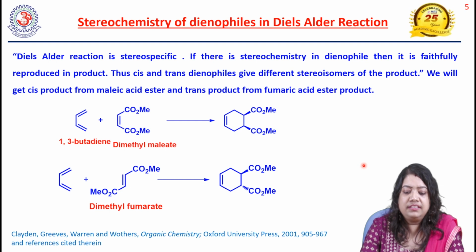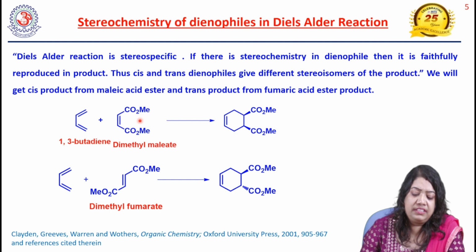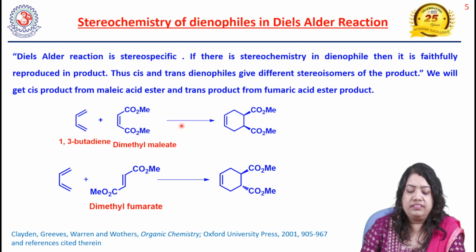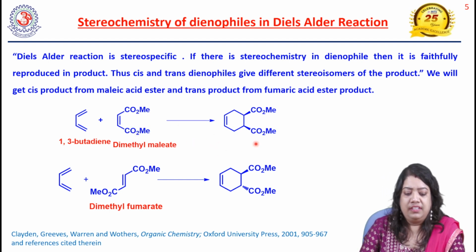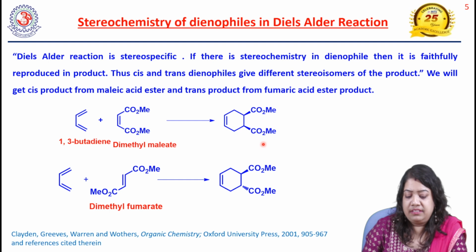Now I will discuss the stereochemistry of dienophiles in Diels-Alder reaction. If a dienophile used in this Diels-Alder reaction has a proper stereochemistry, that is faithfully reproduced in the product. When butadiene is reacted with dimethyl maleate, they give this 6-member ring with the CO2Me groups cis to each other.